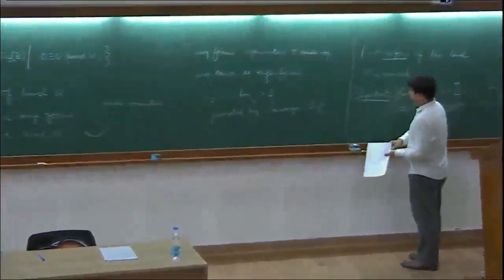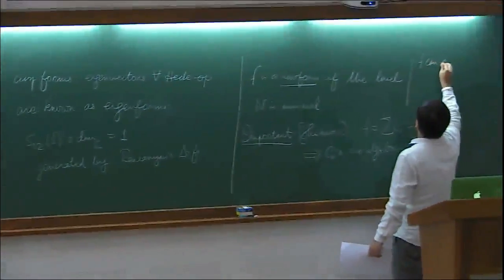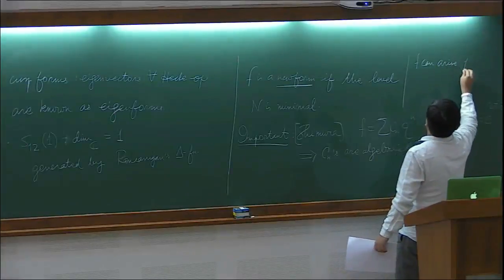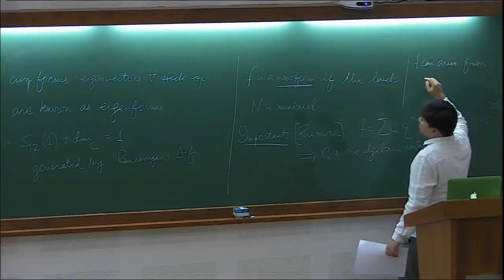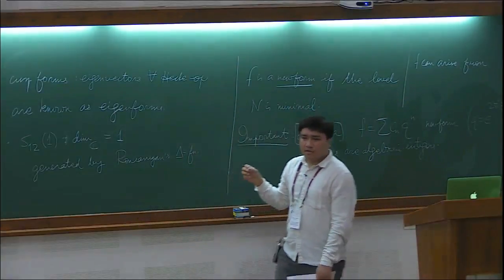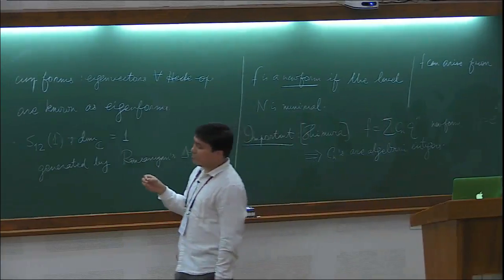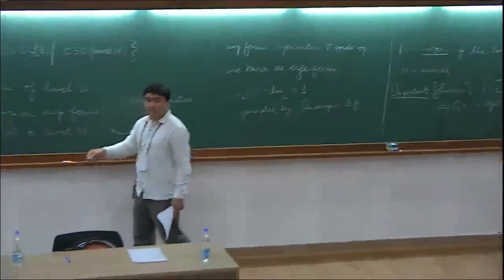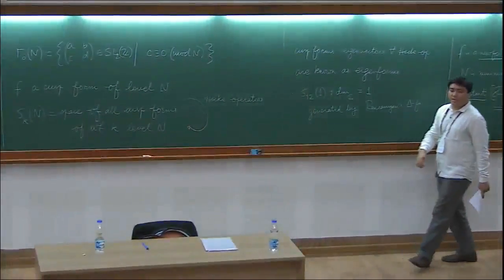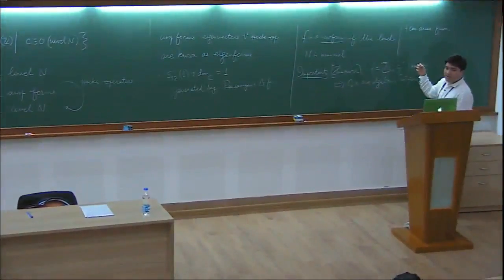So it means that F can actually arise from, F can be an element of S_k(M) where M divides n. Yes, that's there, but I'm just giving you a working definition. It's genuinely of level n. It doesn't arise from anything of level less than n, all right?